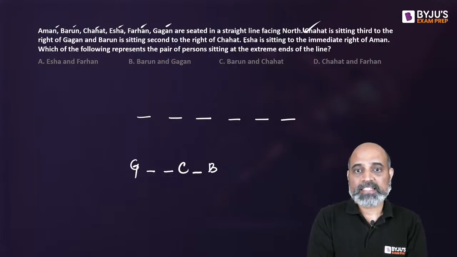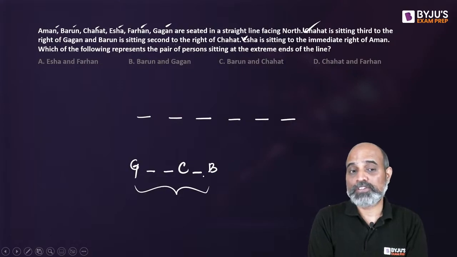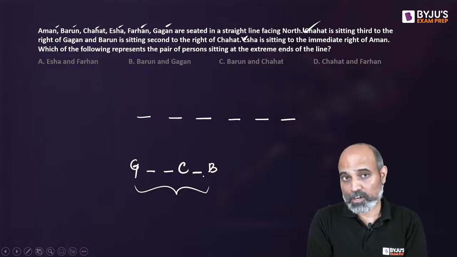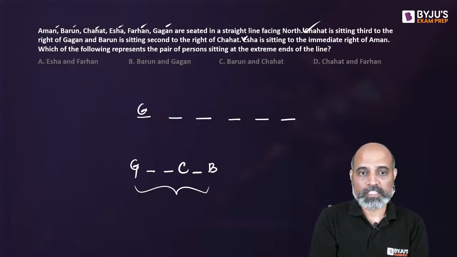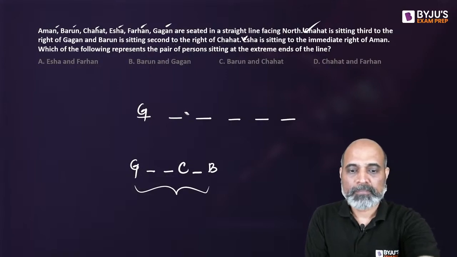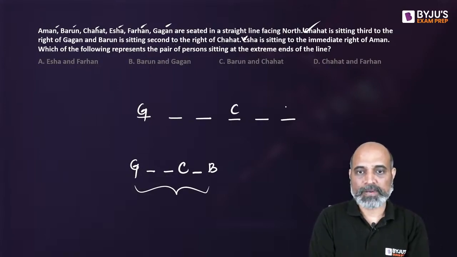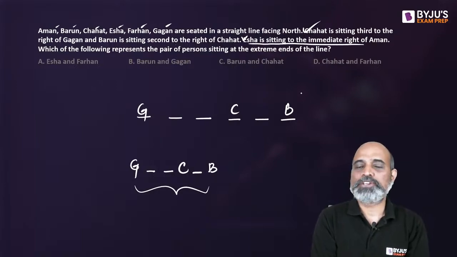Okay. Next, E is sitting to the immediate right of A. Now, if you count the number of people we already have, we have a total of 6 people so far out of these 6 people that we're supposed to put. So let's place them over here. Sorry. G, blank, blank, C, blank, and B. Should we go ahead and put where Isha and Aman are going to be?